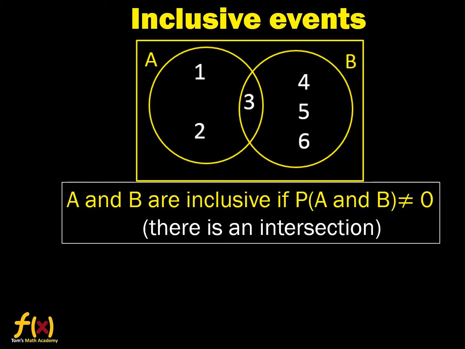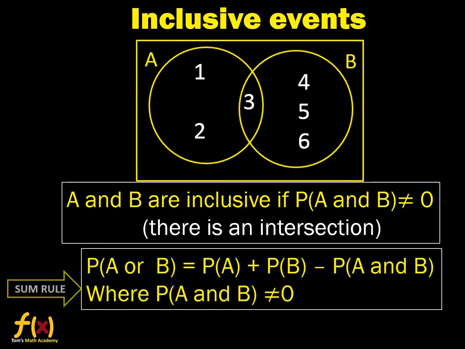And we have a very useful rule that is called the sum rule. What is that? Probability of A or B must be equal to probability of A plus probability of B minus probability of A and B. That is the sum rule. We can understand why we subtract probability of A and B. Look at the circle A. We have 1, 2 and 3.